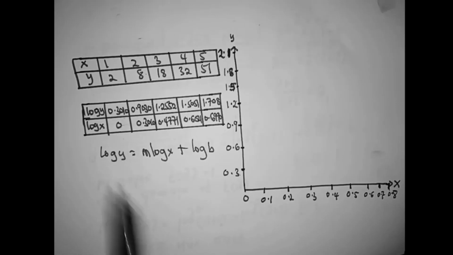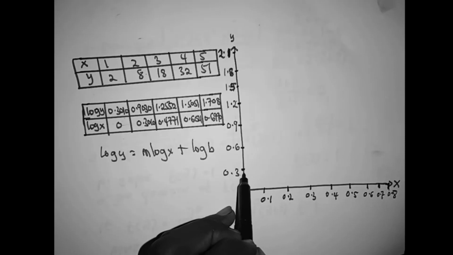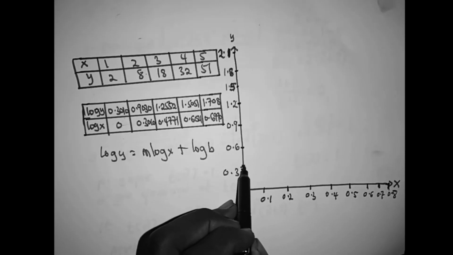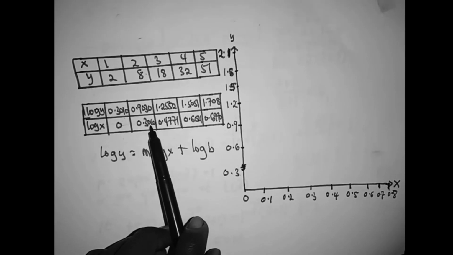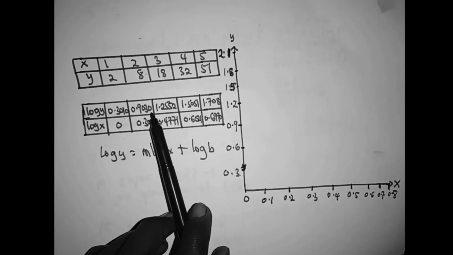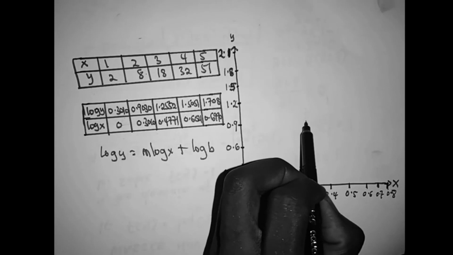So let's correct that mistake. The first point is 0 on the x-axis and 0.301 on the y-axis. So it's a little bit above 0.3, somewhere here. The next one is 0.301 on the x-axis and 0.903 on the y-axis. So 0.3 and 0.9. It's somewhere here.